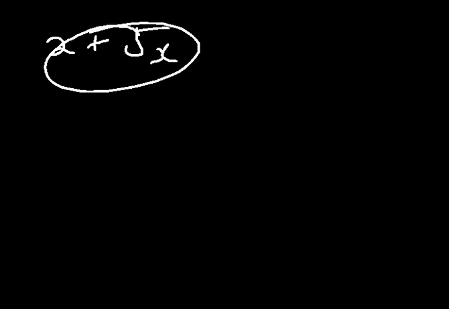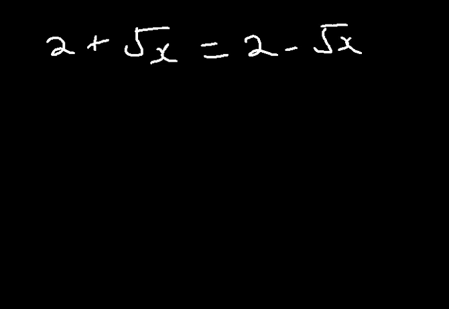Now, what if we have the addition of an expression that involves the square root? Let's say we have 2 plus the square root of x. What is the conjugate of this expression? Simple, the conjugate of this one is 2 minus the square root of x.